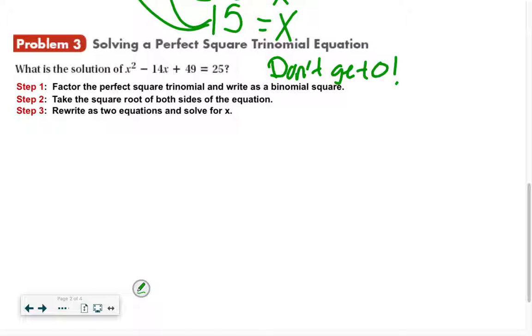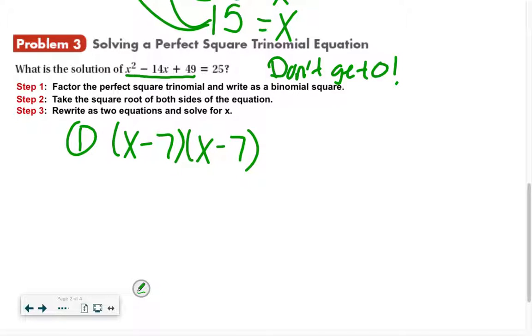So I want to factor x squared minus 14x plus 49. Who's got the parentheses off their head? 7. Step 1, x minus 7, x minus 7. Check it, x times negative 7 twice is minus 14, negative 7 times negative 7 is 49. Awesome.